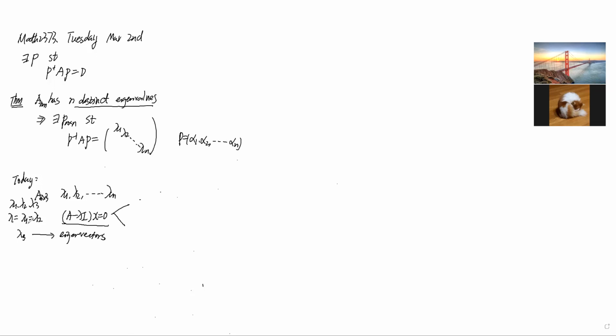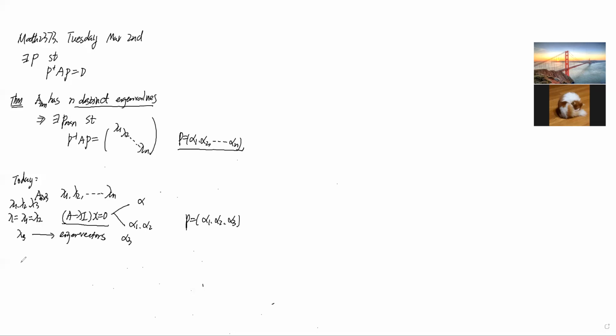If the multiplicity of lambda 1 is 2 and you only find one vector, you cannot make up an n by n matrix. But if you solve for alpha 1, alpha 2, and here you have alpha 3, you can still get alpha 1, alpha 2, alpha 3. So in this case, you can find enough vectors to make up your P.